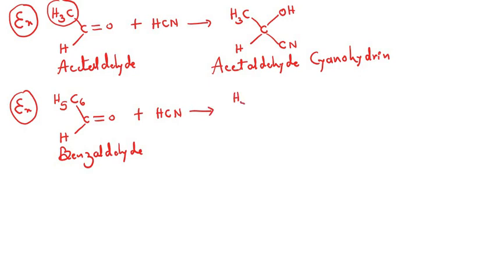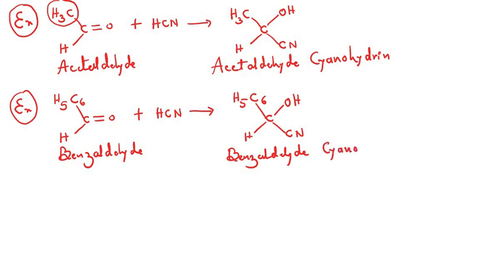Here I can write C6H5, then a carbon, to which we have OH, one hydrogen, and the nucleophile CN. So it is called benzaldehyde cyanohydrin. This benzaldehyde cyanohydrin is also called by another name, mandelonitrile.